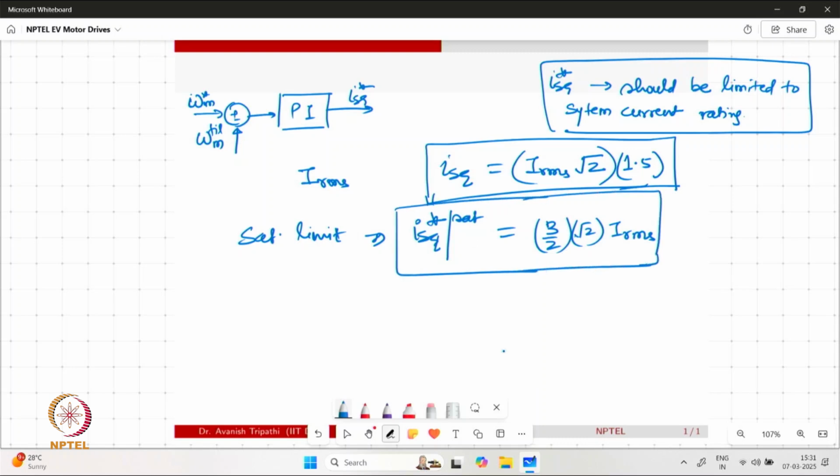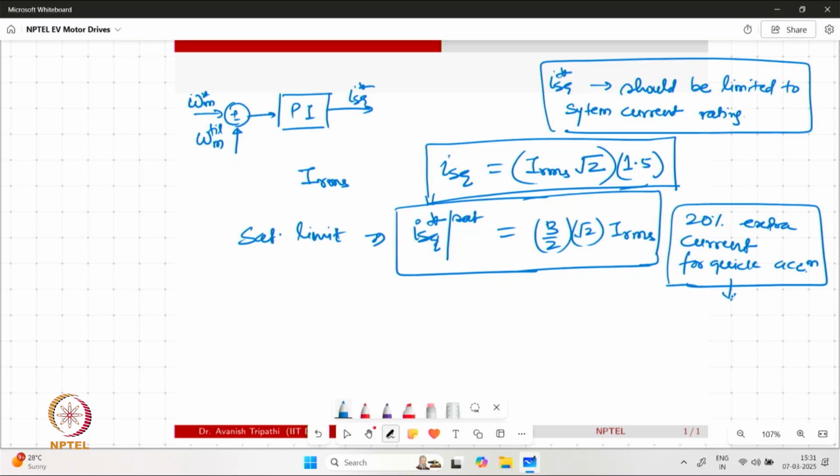For a short time, we may provide a cushion of say 20% extra current for quick acceleration. However, this extra current limit is only for a short duration.